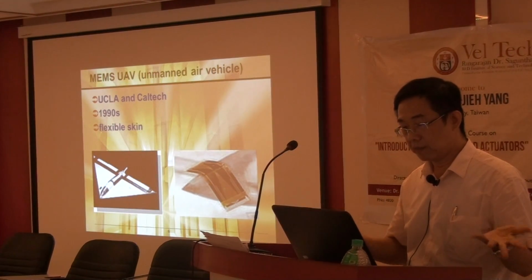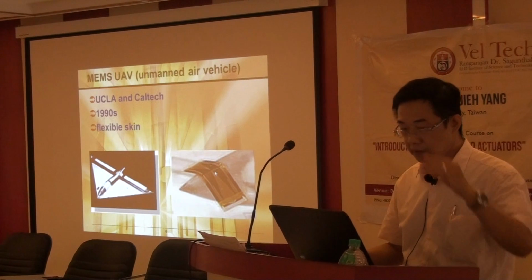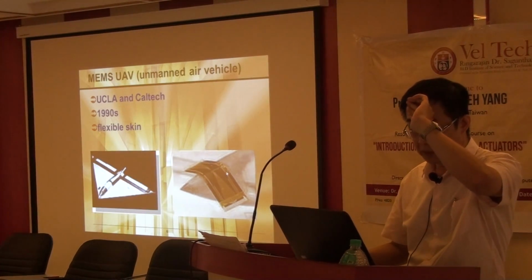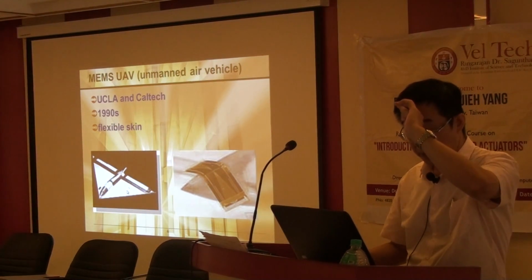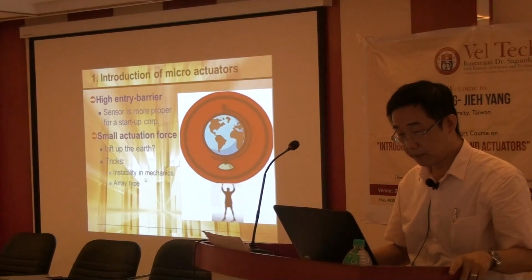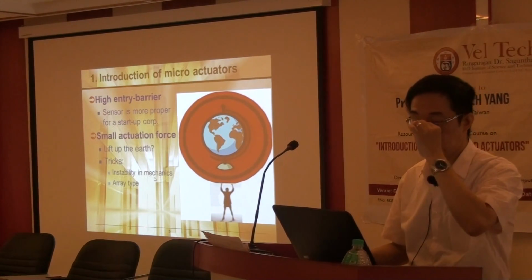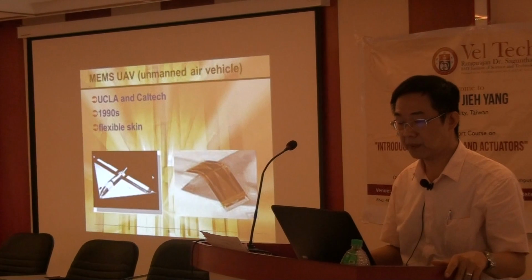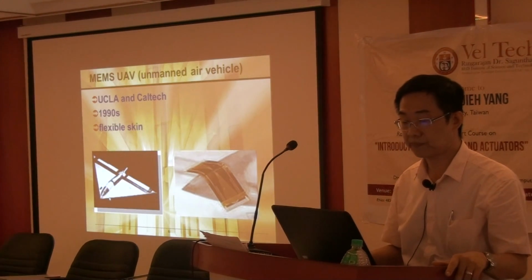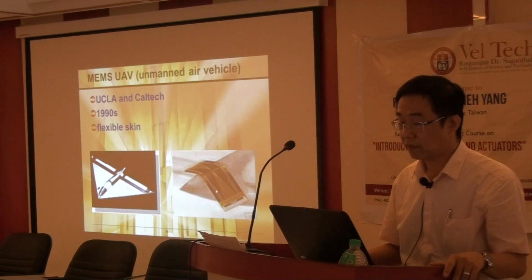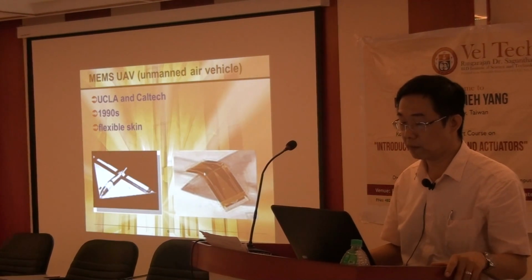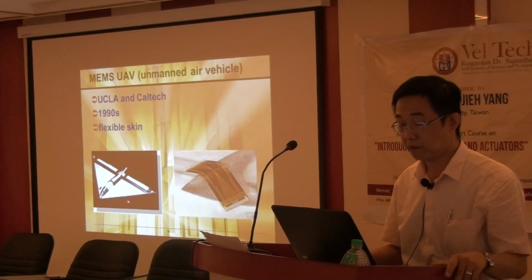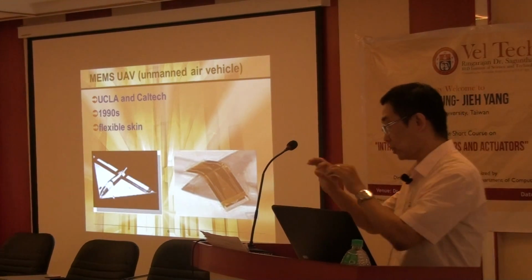Why can it be successful? The reason it works is because we use the instability in fluid mechanics. Each piece of micro actuator along the leading edge can generate a branch.